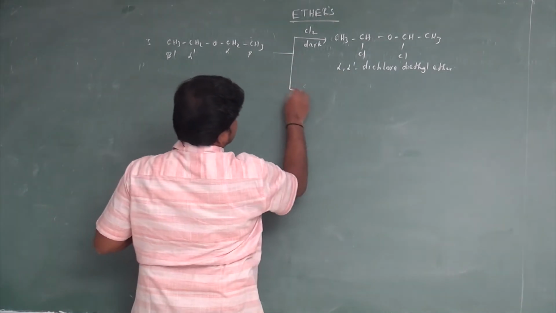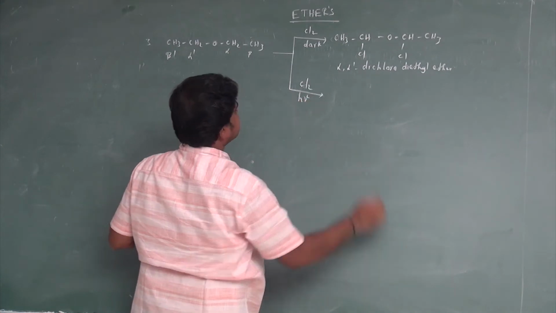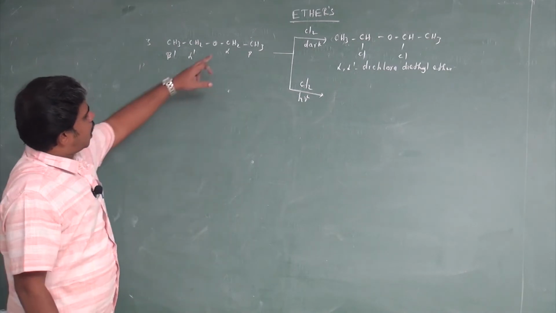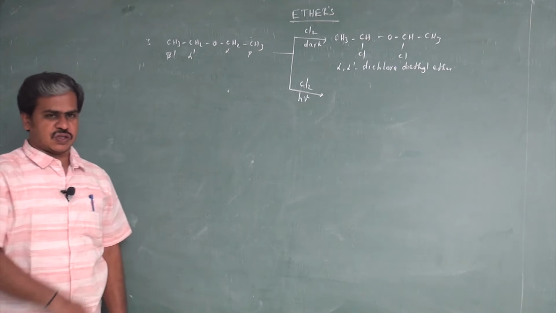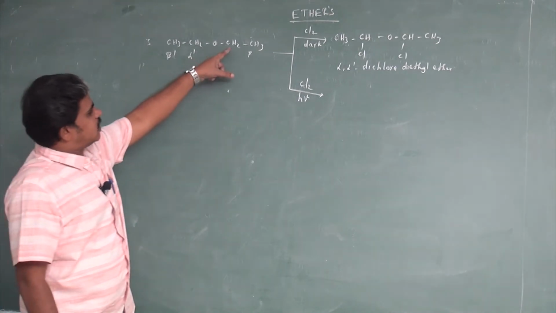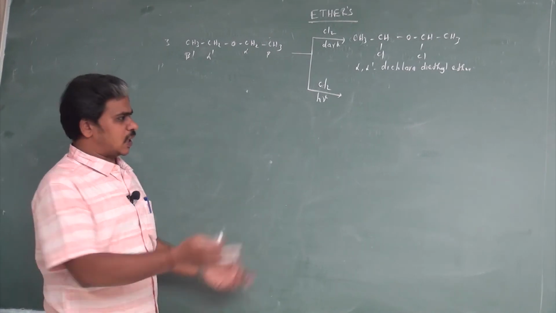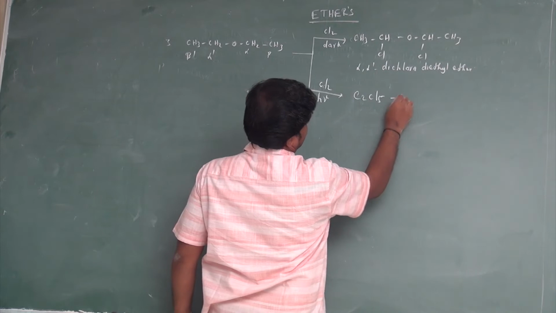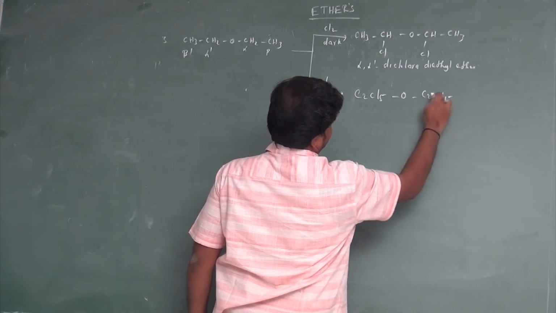The same chlorine in presence of sunlight. Now, in presence of sunlight, all alpha and beta hydrogens are replaced. Here CH2 becomes CCl2 and CH3 becomes CCl3. So we are getting C2Cl5, O, C2Cl5.